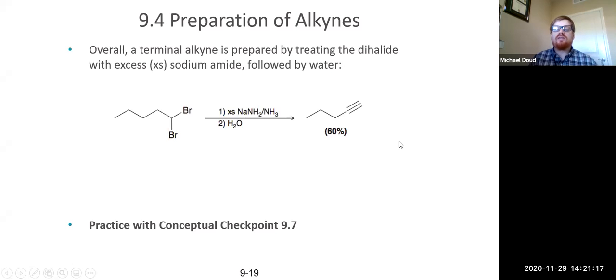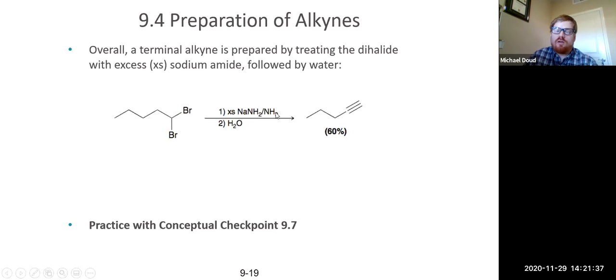This is what it would look like overall. If you're going to make a terminal alkyne, you have a dihalide here. Use your excess sodium amide and ammonia as your solvent. The reason you have to use NaNH2 in NH3 is that you need a compatible solvent for the NH2 minus.